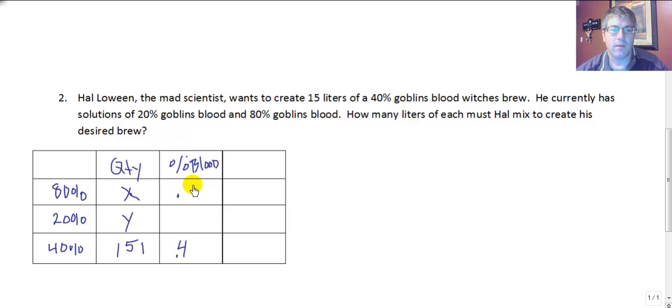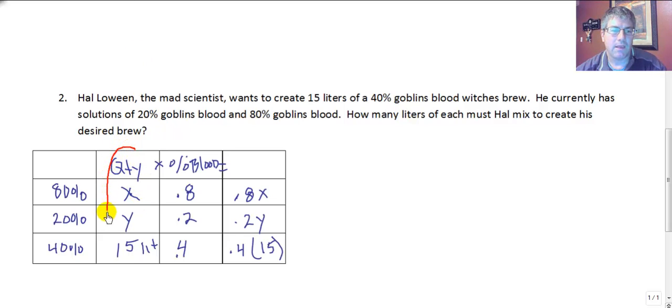And of course, 80% is going to be 0.8, and that's 0.2. So if we multiply across, like we've done before, we know that this is going to be 0.8x, that's going to be 0.2y, and this is going to be 0.4 times 15.